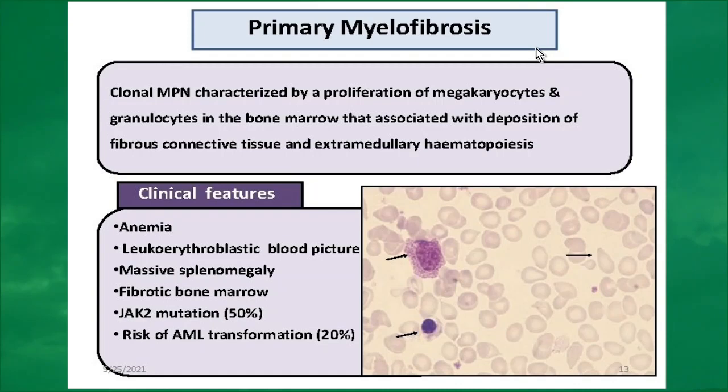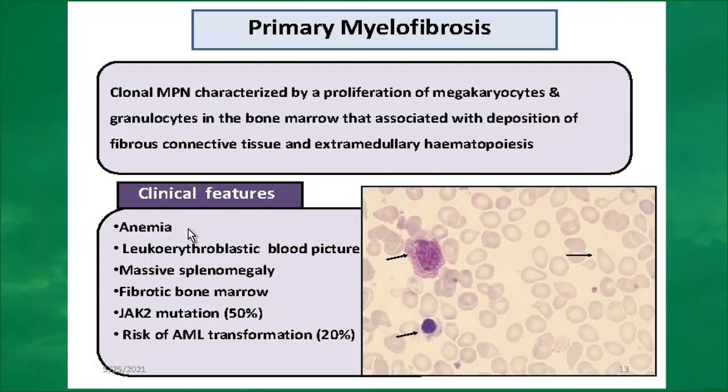But this is a different entity where there is clonal proliferation of megakaryocytes in the bone marrow. These megakaryocytes produce factors which cause increased fibrosis of the marrow.